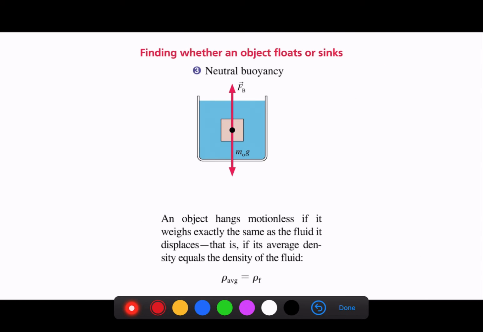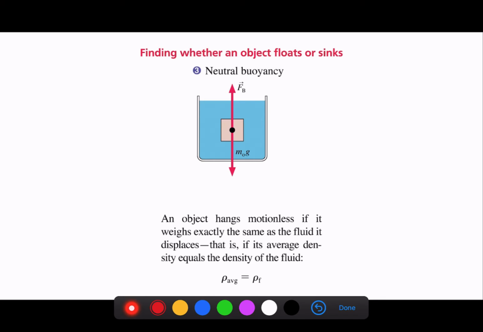So if an object is going to be neutral, just sit in the middle of a fluid and not rise or not sink, that means it has neutral buoyancy. That object is going to be motionless if its weight exactly counters the weight of the fluid that's being displaced. Or in other words, the average densities of both the object and the fluid are the same.